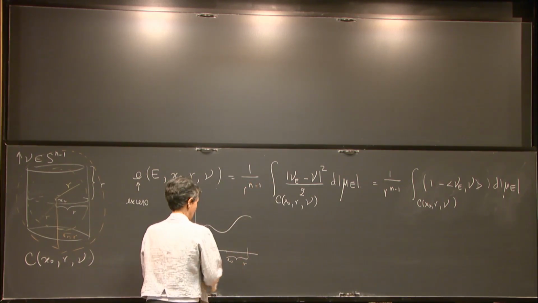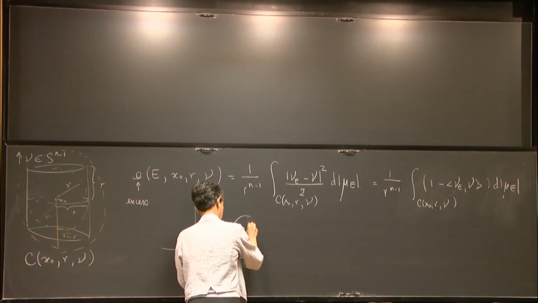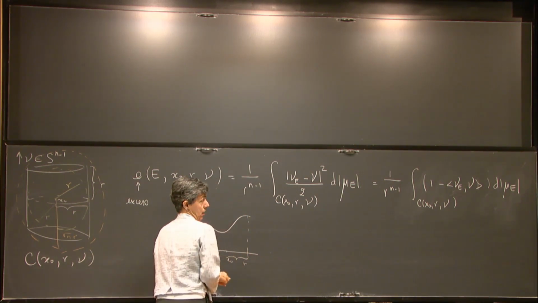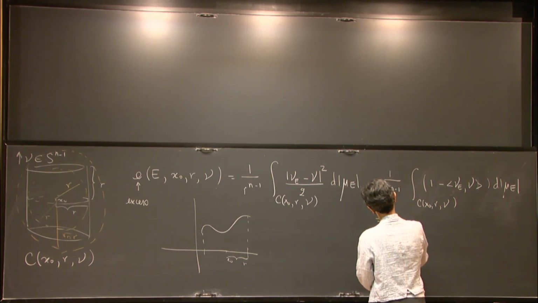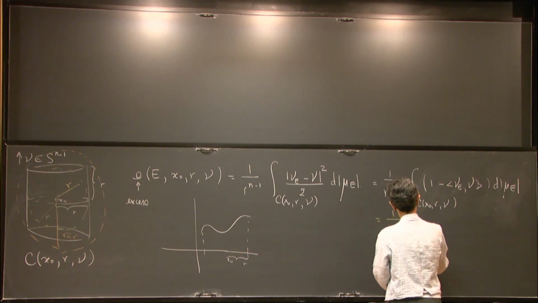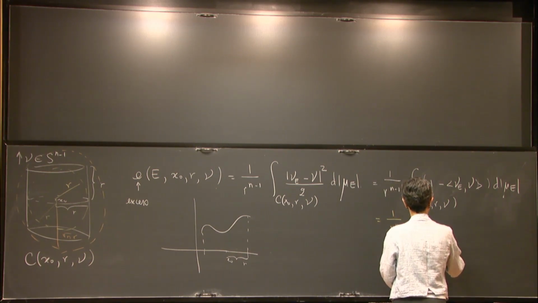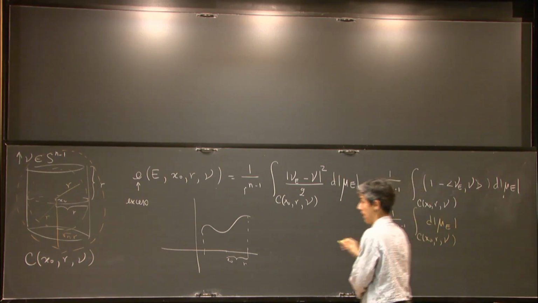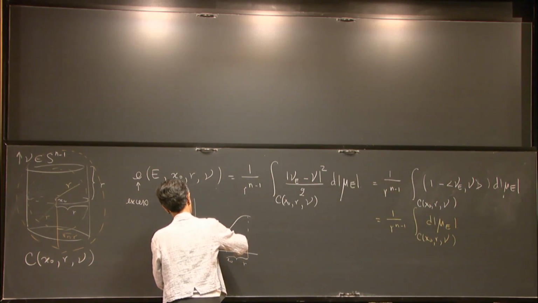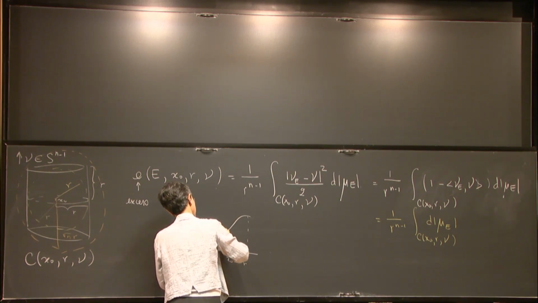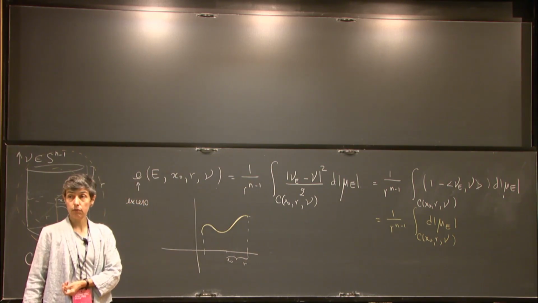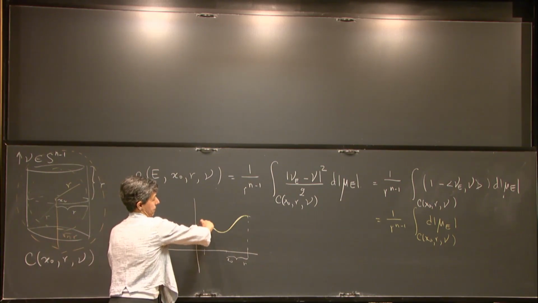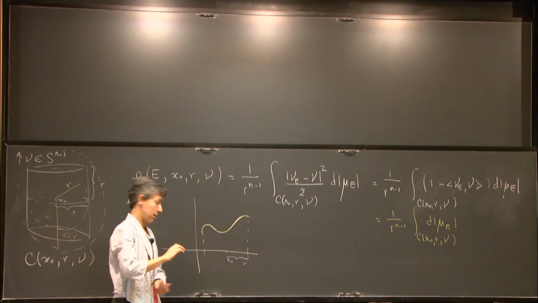And the first piece, (1 over R^(n-1)) C of x naught R nu d mu_E, is going to be this piece, the length or the surface of this piece.